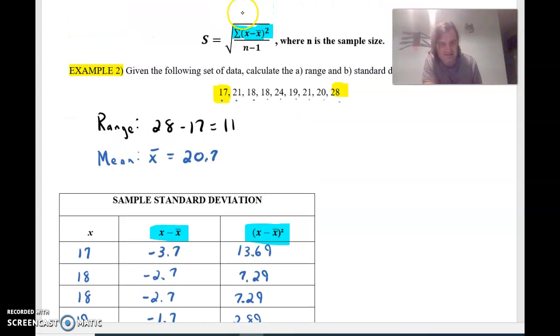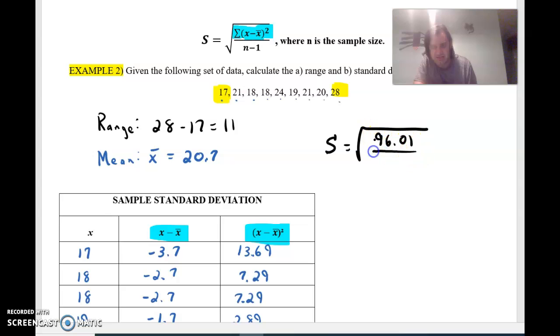So then we have the rest of the formula, which is going to be the square root of 96.01, divided by n minus 1, where n is the sample size, which was 9 items. So 9 minus 1. So we're going to have 96.01 divided by 8. We're going to take the square root of that. Okay.